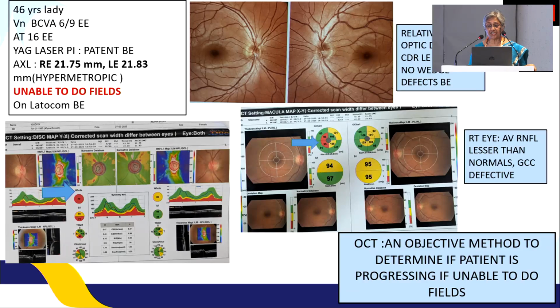And also the GCC, which I've marked by the blue arrow, is telling us that there is a definite diagnosis of glaucoma in the right eye. So what does OCT do? It's an objective method to determine if the patient is progressing, if the patient is unable to do fields. So this is a very good method.